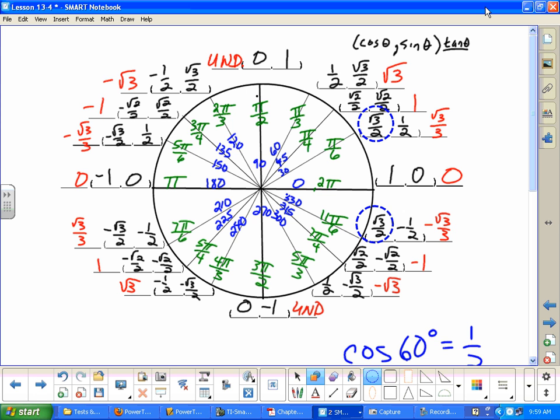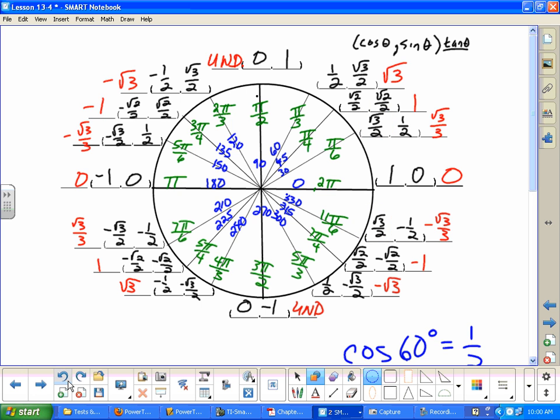Now, all of the work we're going to do right now is going to be in radians. We're not going to use degrees unless it specifically asks you for degrees. Everything we do as far as inverses is working with radians unless they specifically tell you otherwise.